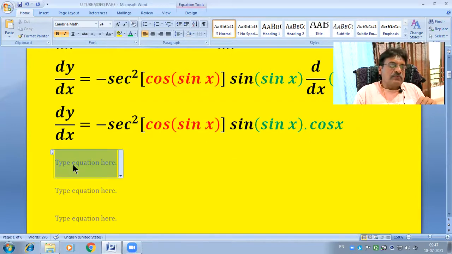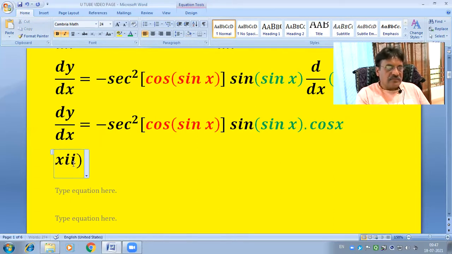Next, we solve problem number 12. Again in this problem, we find dy by dx if the function is given.